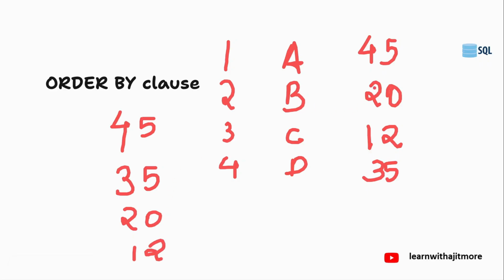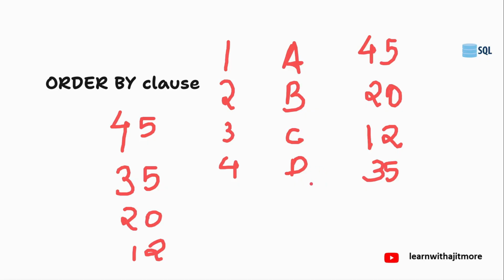But in this case, when it is arranging the salaries in descending order, the other things are also getting rearranged. Otherwise it will look funny. If only the salary is arranged and the other stays where it is, then someone else's salary will be given to someone else. Like here 4D and here 12 will come.